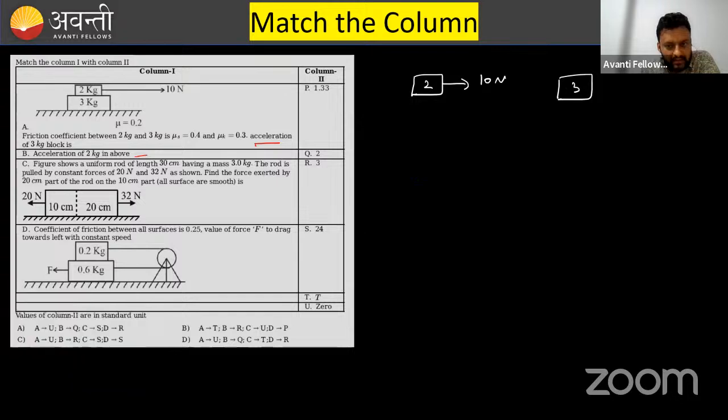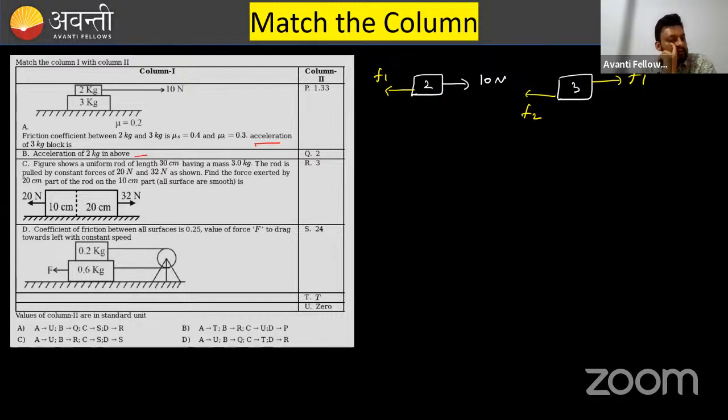Now, can I say some friction will be acting on 2 kg block? Let's suppose this friction is F1. So its reaction will be F1. And on the ground, due to the surface, 3 kg block will be having one more friction, F2.